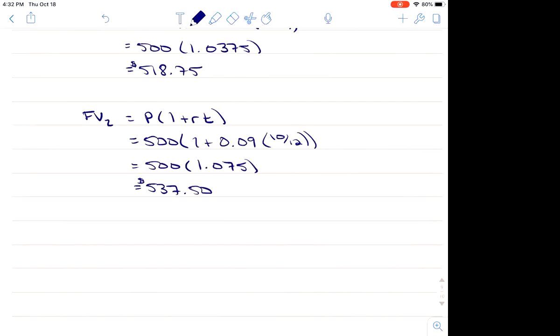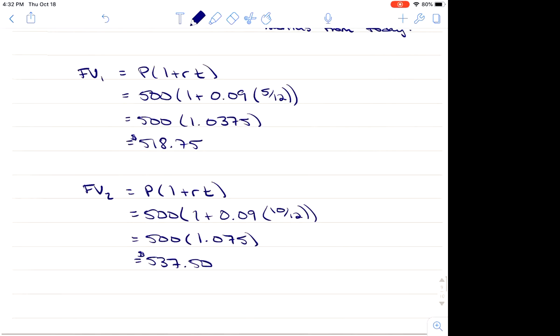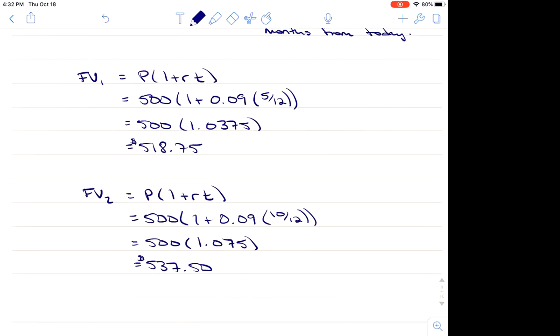Okay. So this was the original agreement, right? $518.75 5 months from then, and then $537.50 10 months from the agreement date. So now she has to borrow that $518.75 for a little bit longer, but she's also getting a discount on the future value because she's pulling it back a little bit earlier.